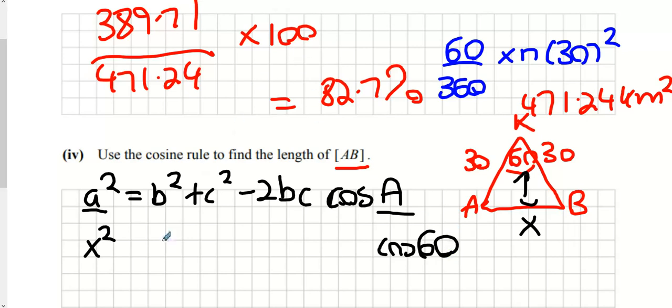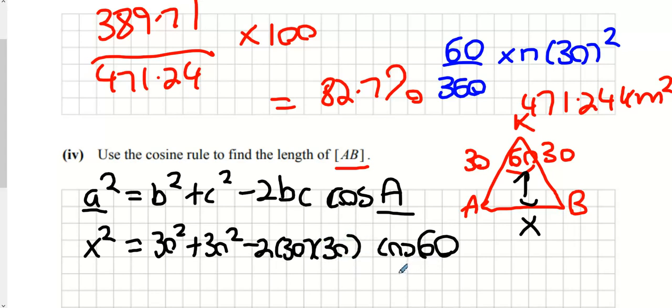Okay, and what about the other two? 30 squared plus 30 squared minus 2 times 30 times 30 cos 60. Because it's a length question, just put it all into the calculator and we can figure out what x squared is.